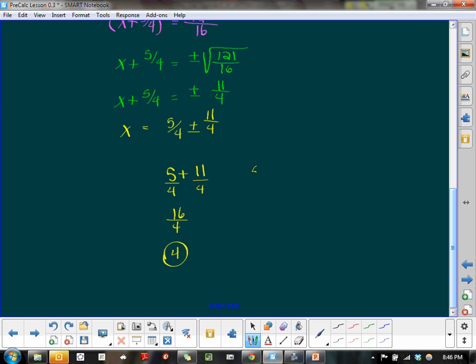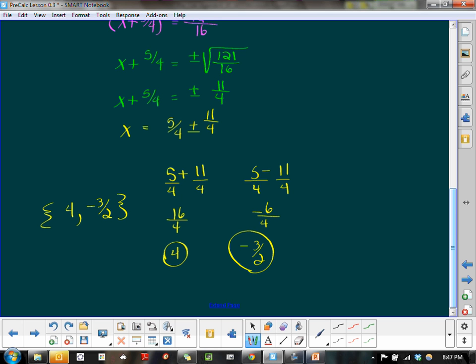The other one is 5/4 minus 11/4, or 5 minus 11, which is a negative 6 all over 4, which we could reduce down to negative 3/2. There's our second solution. So the solution set to this, and we did this by completing the square, were the two values 4 and a negative 3/2.